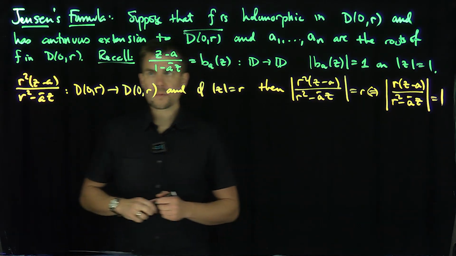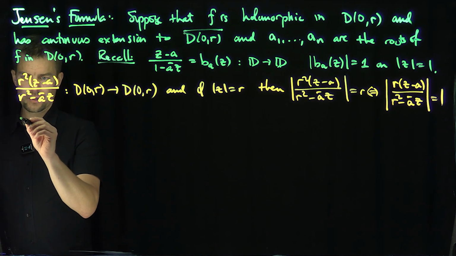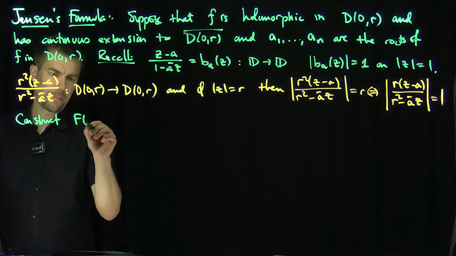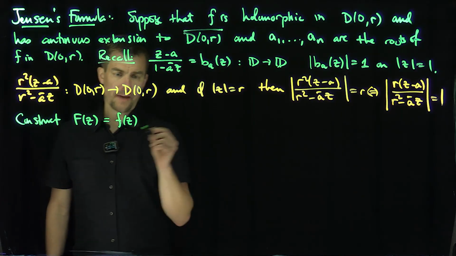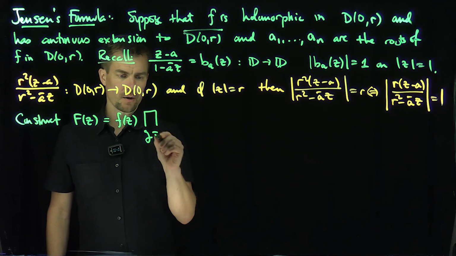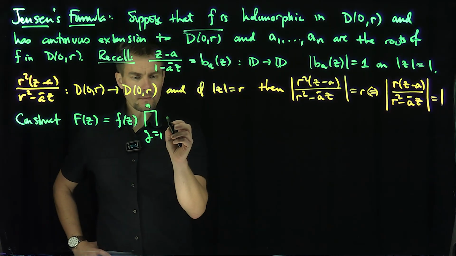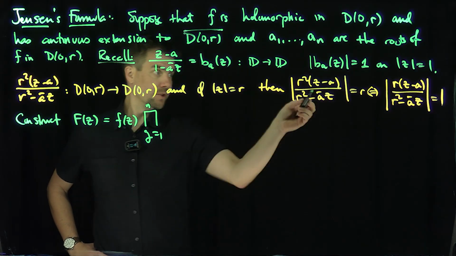Great. And so now what am I going to do? I'm going to look at a new function, and construct capital F of z to be f of z times the reciprocal of this product over here, the product, j goes from 1 up to n, of the reciprocal of this thing over here.